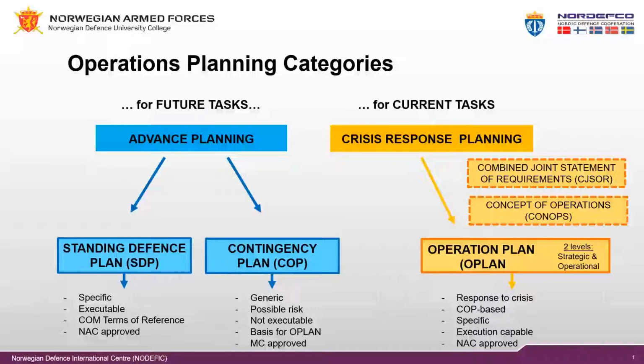An operation plan is a detailed and comprehensive plan capable of execution as soon as the forces are assigned in accordance with the combined joint statement of requirements and the concept of operations.